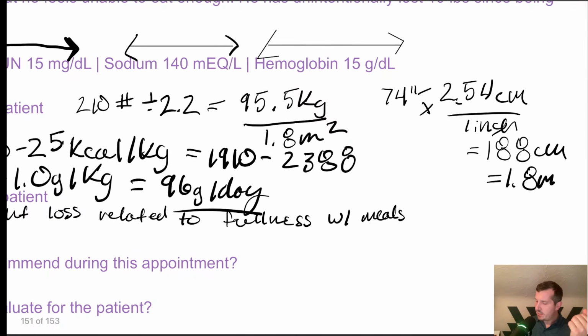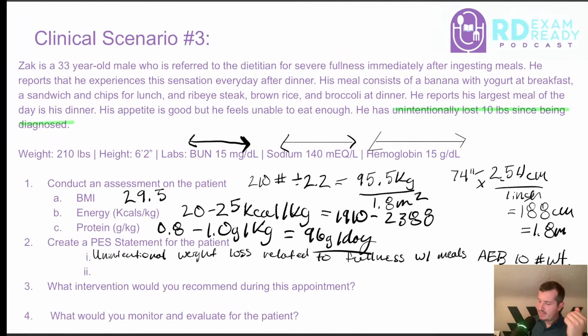And I would say that's going to be as evidenced by 10 pounds of weight loss. Okay. Which is connecting directly to my problem statement. Unintentional weight loss related to fullness with meals, as evidenced by 10 pounds weight loss. It's fitting very well there.